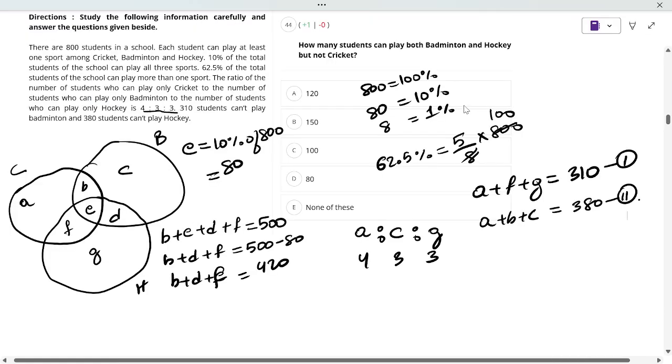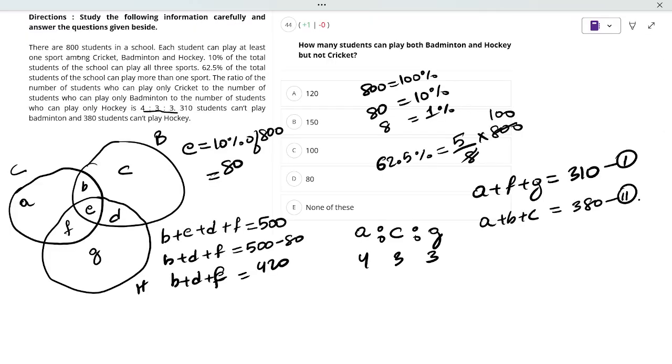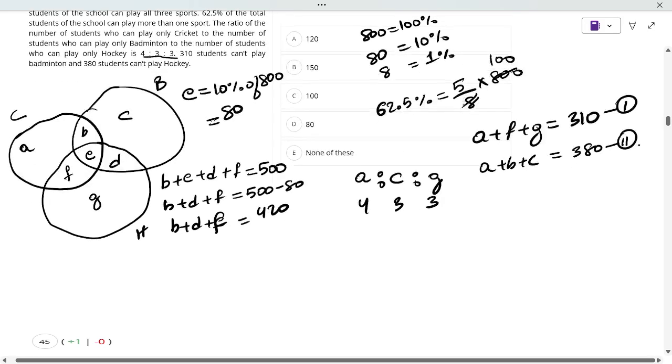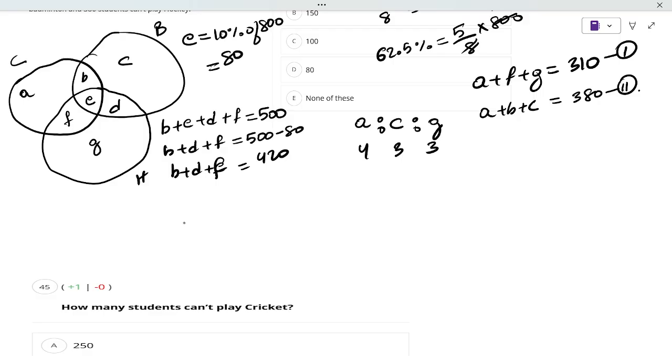Since in the question it's clearly mentioned that we have 800 students, that means A plus B plus C plus D plus E plus F plus G is equal to 800.